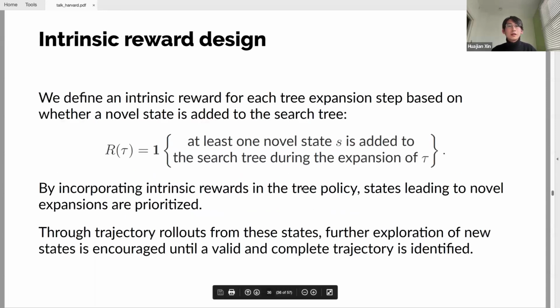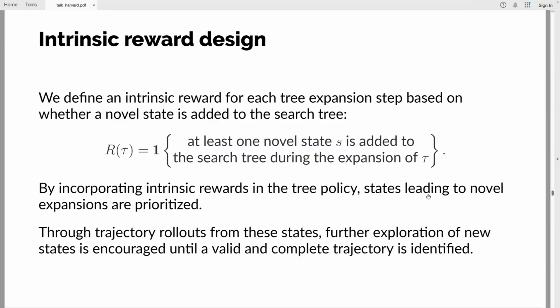To tackle this, we introduce an intrinsic reward for novel state expansions to encourage the model to explore new proof states. For all states, we consider the trajectories that have visited them, where tau means the trajectory. If a state has more trajectories that have led to other novel states, then we assign a higher chance to continue expanding from this state.